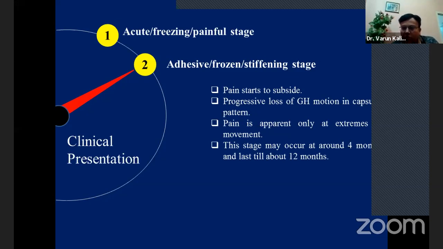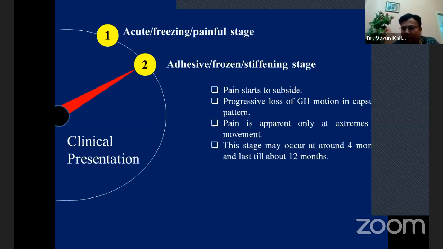So, the shoulder starts restricting in this capsular pattern. Pain is apparent only at extremes of movement. That means at the end range of movements, patients start feeling extreme pain. This stage may occur at around 4 months but lasts till about 12 months. So it's a very long stage.